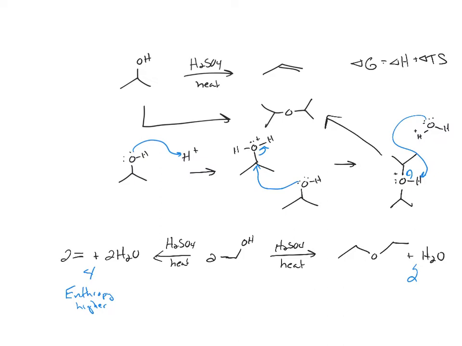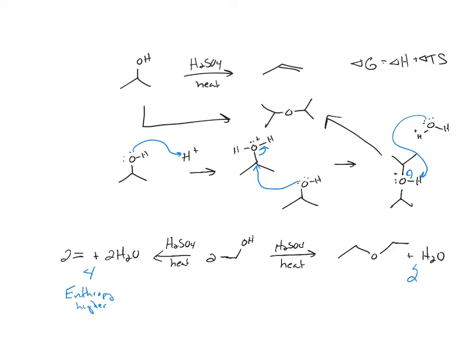This is 2 ethenes, CH2 with H2. So as we increase the temperature, what should happen? Should I favor the formation of alkenes or the ethers? As I increase temperature, I increase the overall effect of entropy. So therefore, at higher temperature, the ethene.